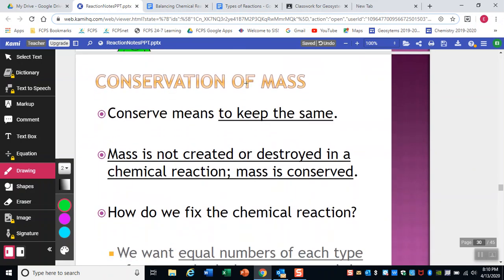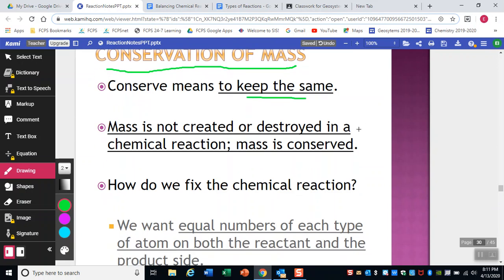So that brings in the law of the conservation of mass. Very, very important. All right, conserve means to keep the same. Mass, remember, is matter, all the elements, what things are made out of, and that cannot be created or destroyed in a chemical reaction. All right, mass is conserved.